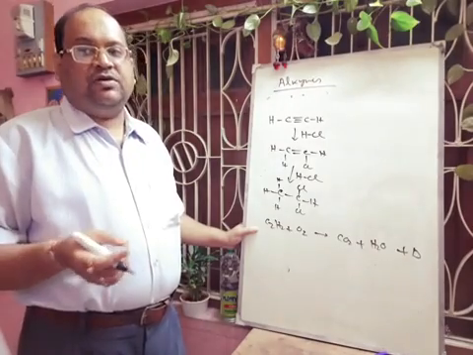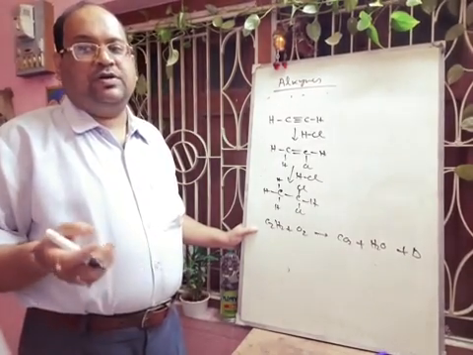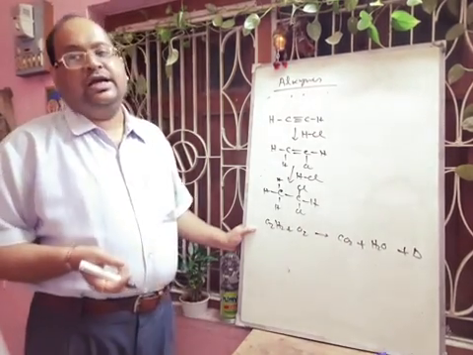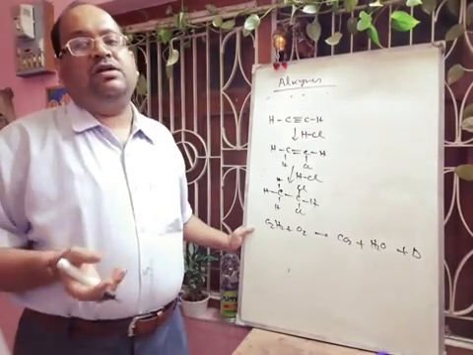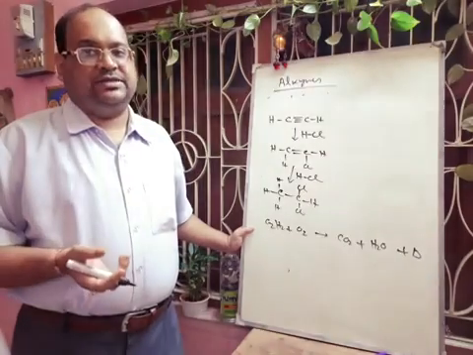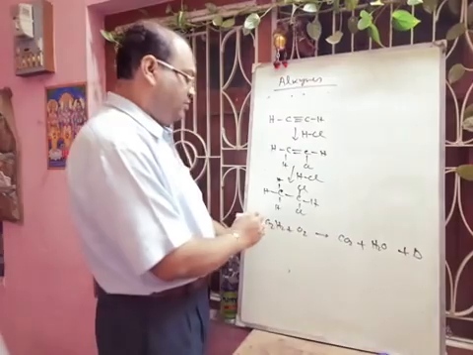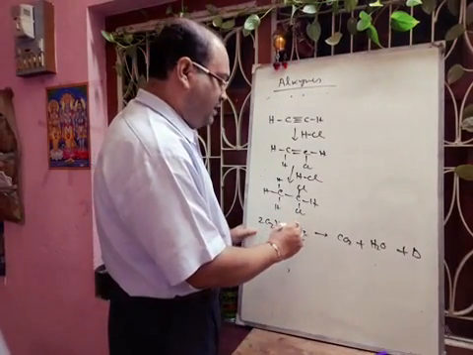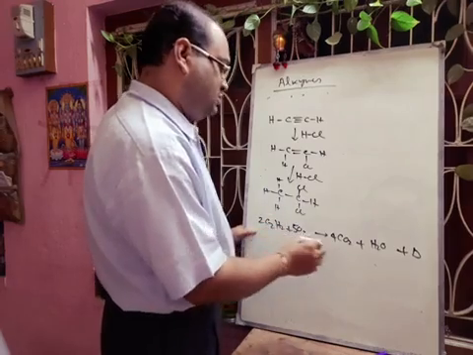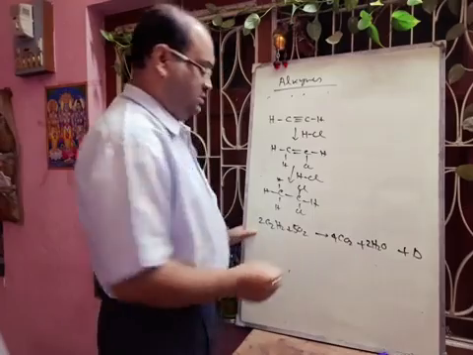Acetylene burns in pure oxygen, producing a very hot flame at a very high temperature, around 3000 degrees centigrade, and this flame is called the oxyacetylene flame, generally used for welding purposes. Here this equation should be balanced. So here you have to put 2, then 5 here, then 4 here, and here also 2. Now it is balanced.